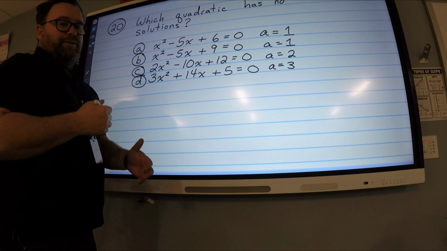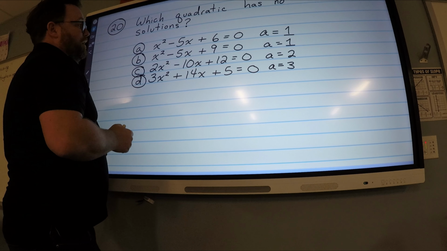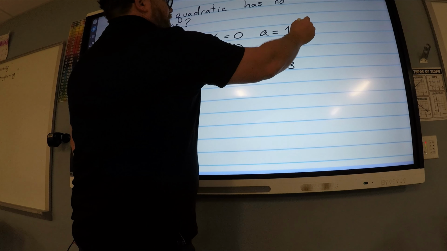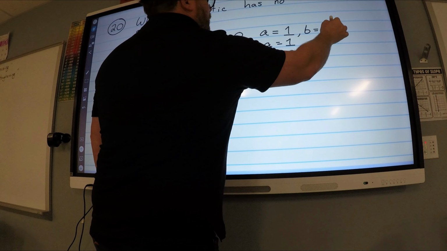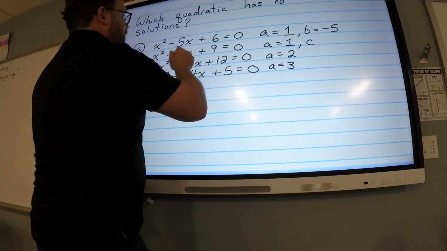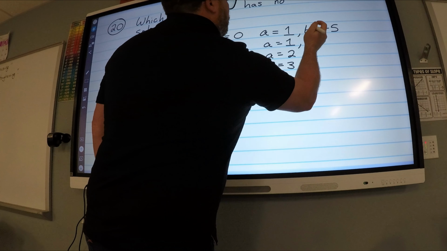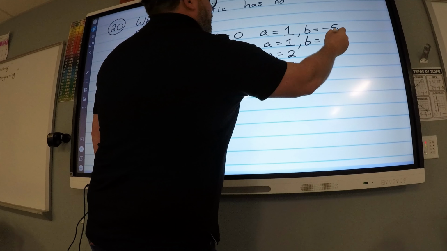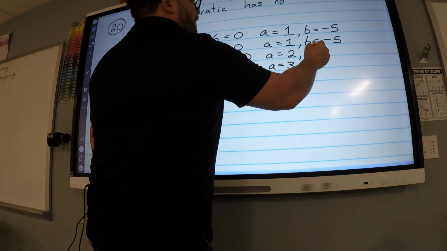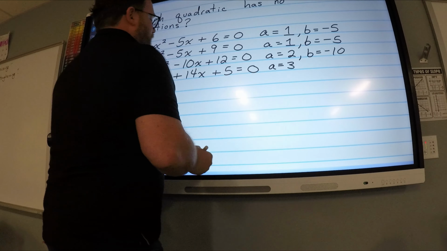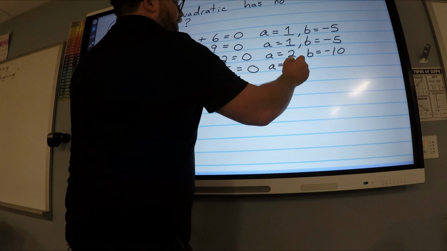Now B is the coefficient in front of x. So in this one, it's negative 5. Second one, it's also negative 5. Third one, it's negative 10. And then the fourth one, it's positive 14.